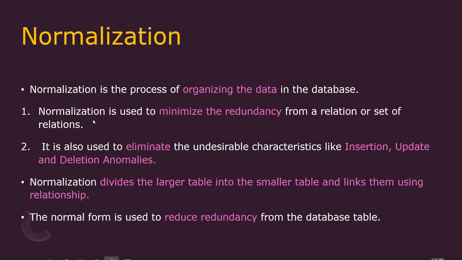So normalization is the process of organizing data in a database, and its main goals are to reduce the redundancy of relations or a set of relations, and eliminate the anomalies like insertion, deletion, and update anomalies. Then how will you perform normalization? Normalization is performed by decomposition of a relation, that is, dividing a larger table into two or more smaller tables.